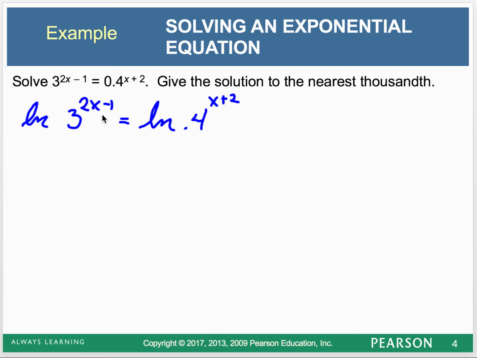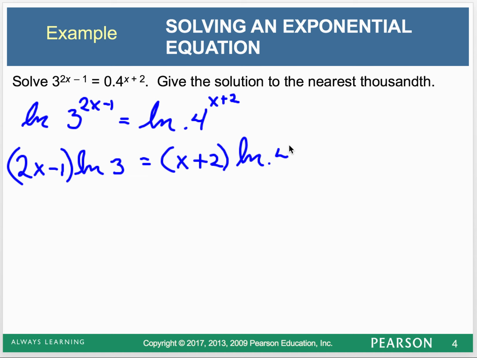Because now I have a property that lets me bring that exponent down. And don't forget, right, that whole exponent needs to be multiplied. Okay, so now at least I have a linear equation instead of an exponential.